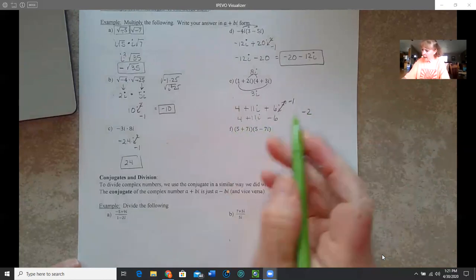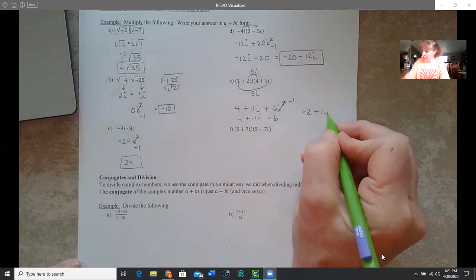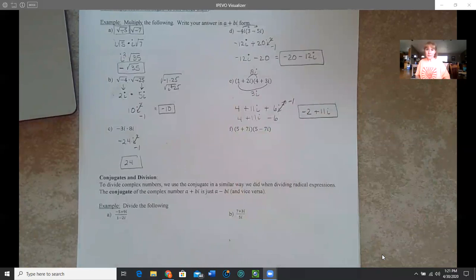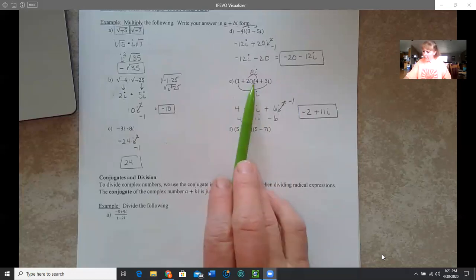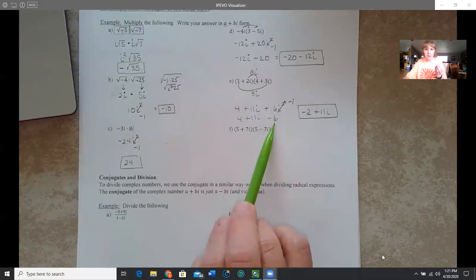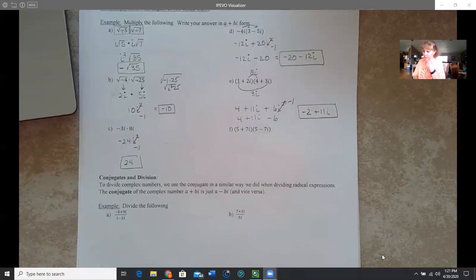And then the 11i is by itself, no other i's to combine it with. So there's our negative 2 plus 11i. There's our complex number with our real part and our imaginary part using the FOIL method. So it's not really as difficult. Really, it's just like a variable. It's just that at the end, our i squared by definition is a negative 1. So we put that negative 1 in.